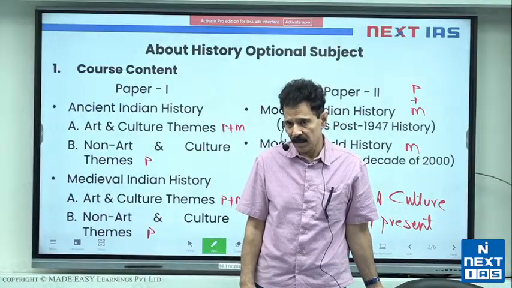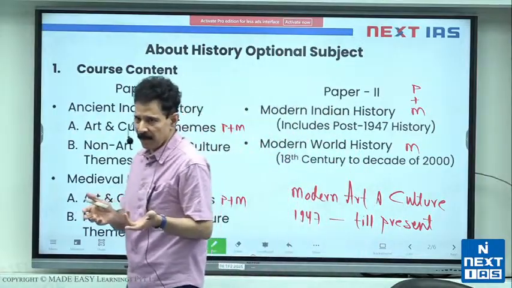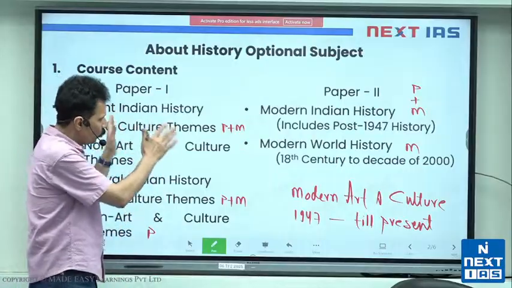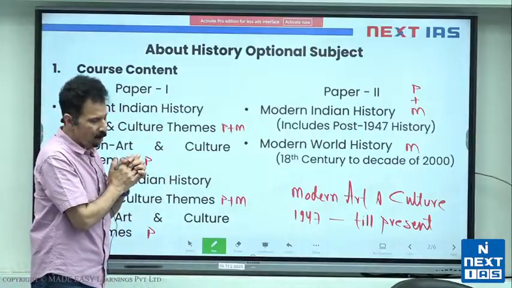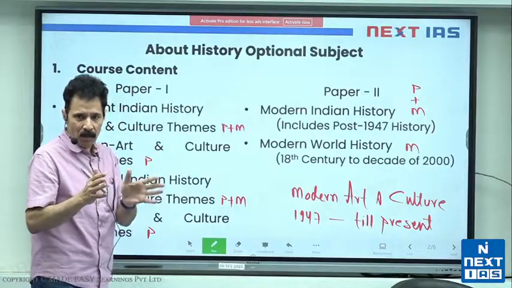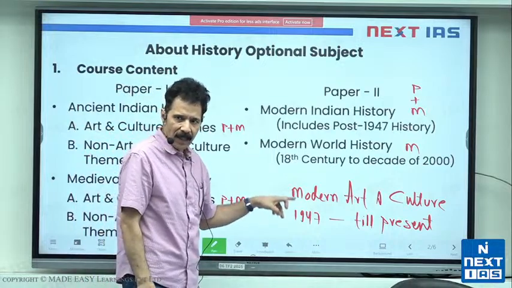Of course, yes. But normally people are not aware of this. Now, if you study history optional subject, your history GS part is almost complete, excepting this, which is extra.